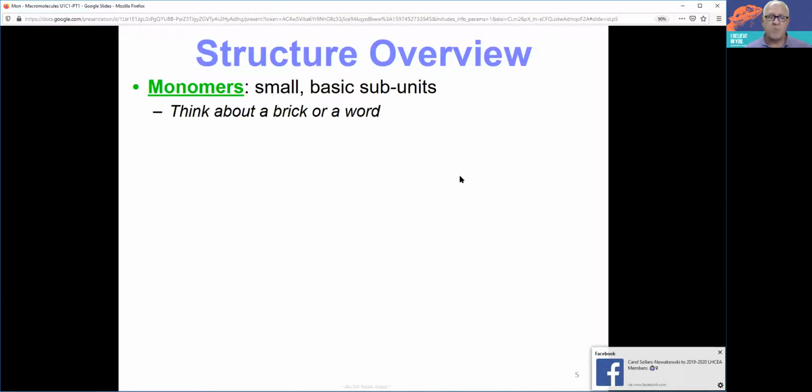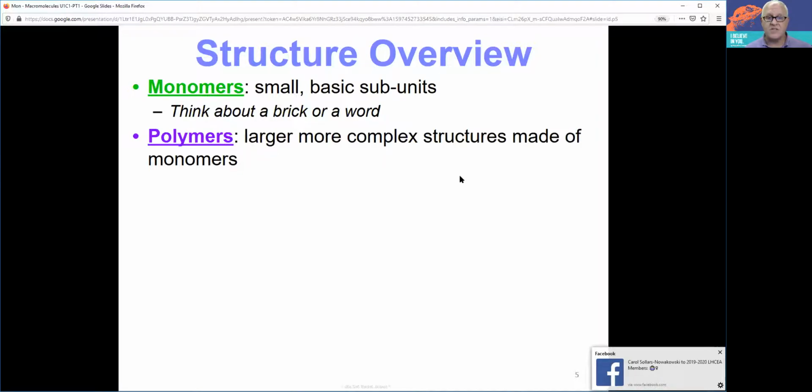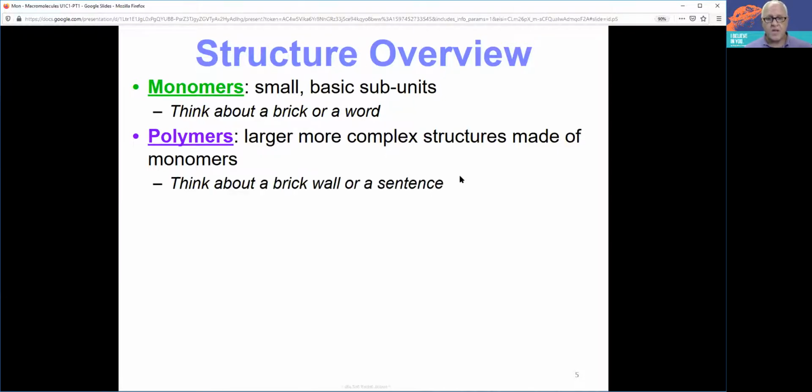Think about a brick or a word in a sentence. A polymer is a larger, more complex structure made up of monomers. So go back to the root of the word: monomer, mono, one; polymer, poly, more than one. So you want to think of a brick wall or a sentence, and these are all about putting together these little pieces.